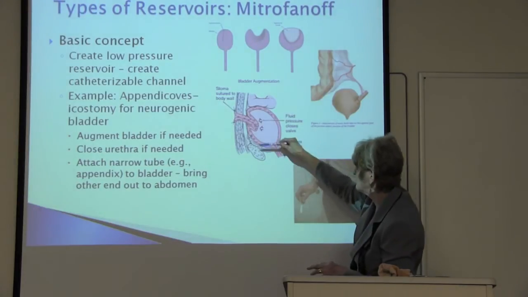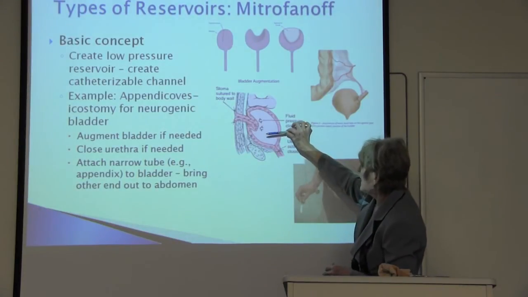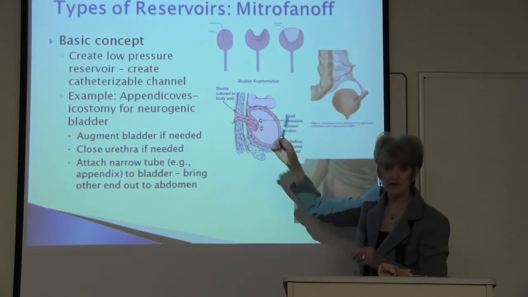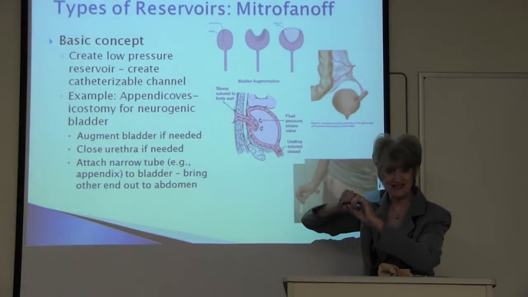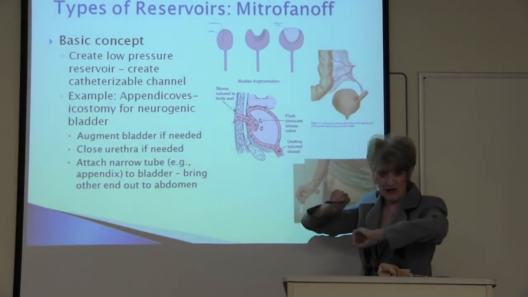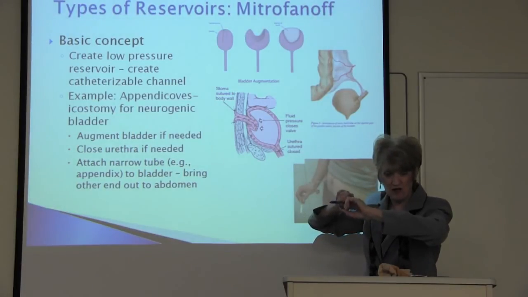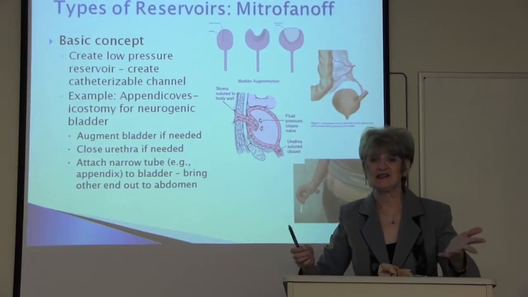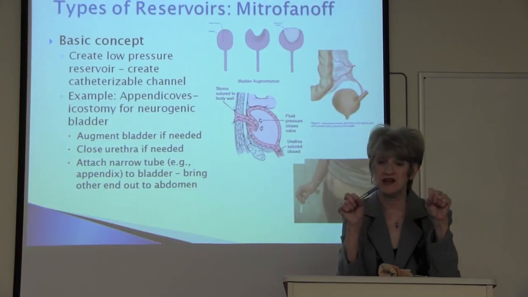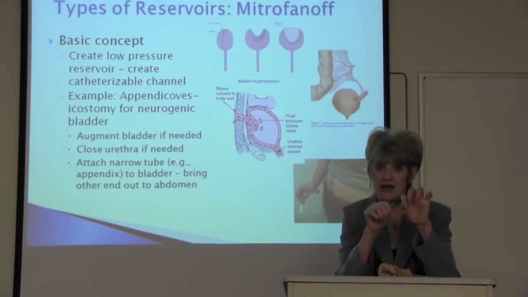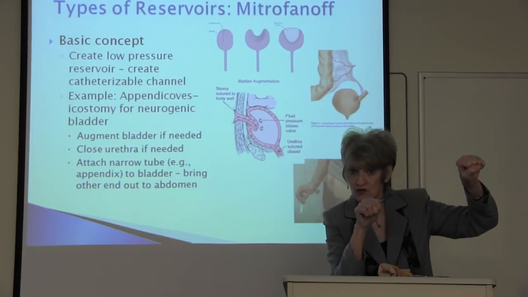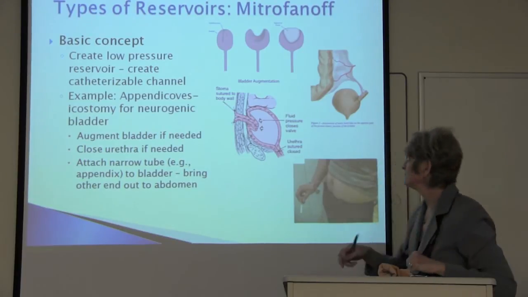So you've got your reservoir, and you've got your catheterizable channel that you created by taking the appendix and connecting it to the bladder on one end and to the abdominal wall on the other end. If the patient's already had an appendectomy and that's not available, you can take a small section of bowel and taper it down so that it's a very narrow tube with high compression force so that you don't get leakage.